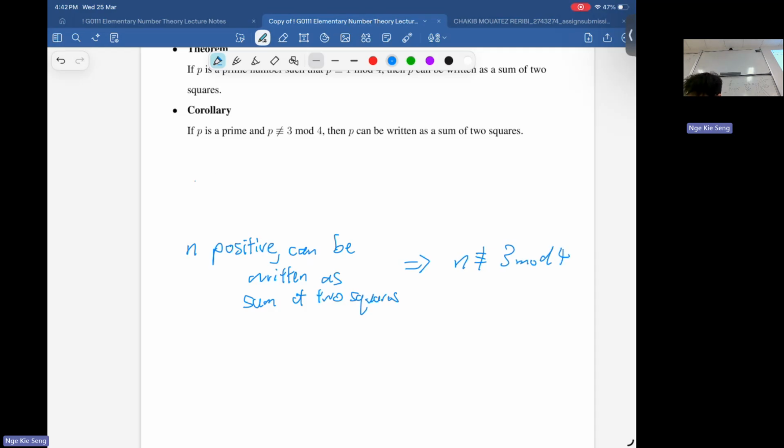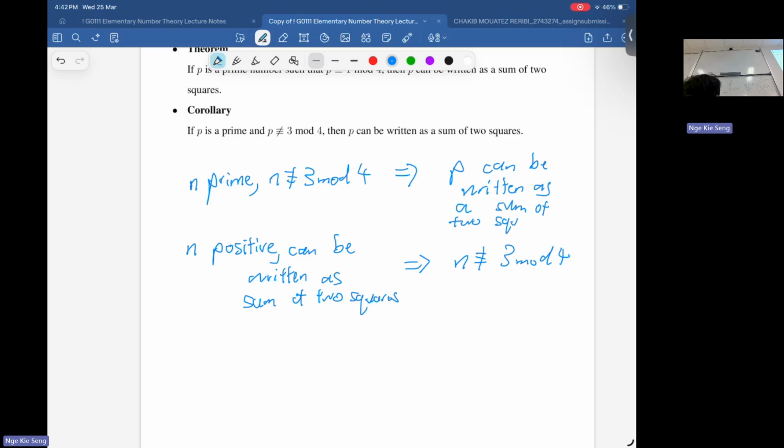But this statement says that if p is prime and p is not 3 mod 4, then p can be written as a sum of 2 squares.